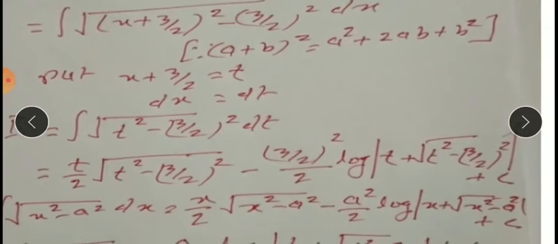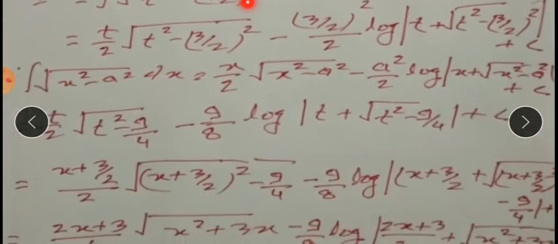Now this is equal to, using this formula, since our question is written in the form of this formula here: x by 2 means t by 2, root x square minus a square, root t square minus 3 by 2 whole square, minus a square by 2, that is 3 by 2 whole square upon 2, log x plus root x square minus a square, log x means t plus root t square minus 3 by 2 whole square.